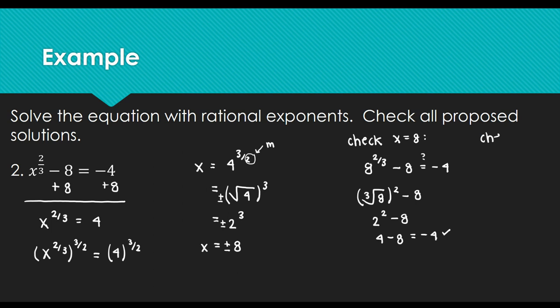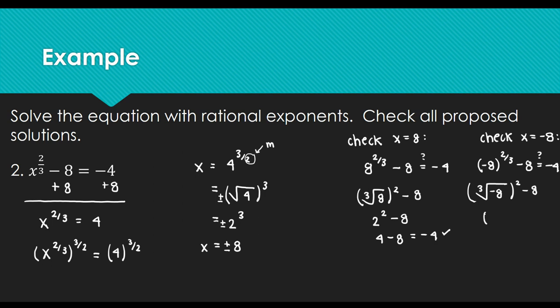If I was to check then x equaling negative 8, we have negative 8 to the 2/3 power minus 8, and once again, I want to know, does that equal negative 4? Well, we have, once again, the cubed root, but this time it's negative 8 quantity squared.